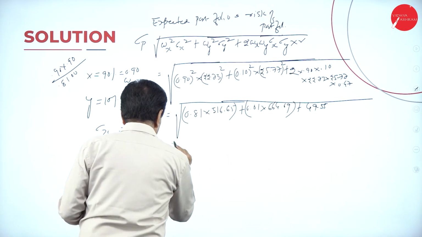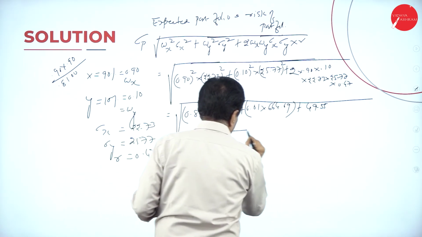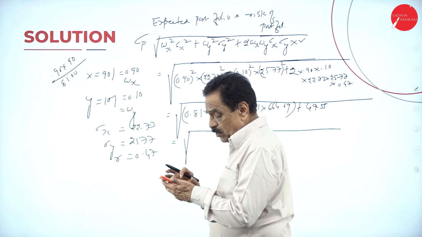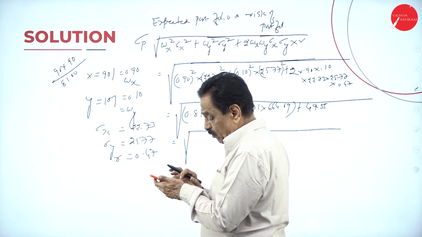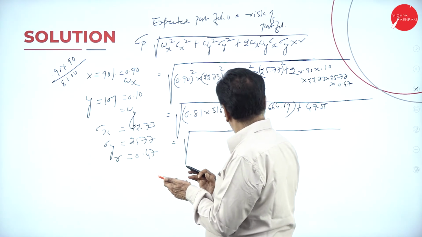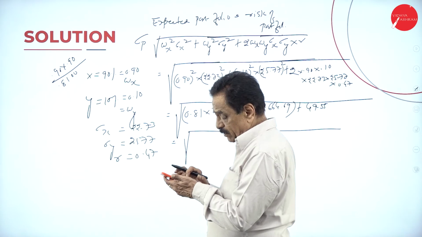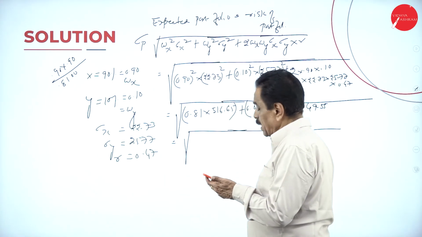This is equal to root of 0.81 into 516.65, 0.81.